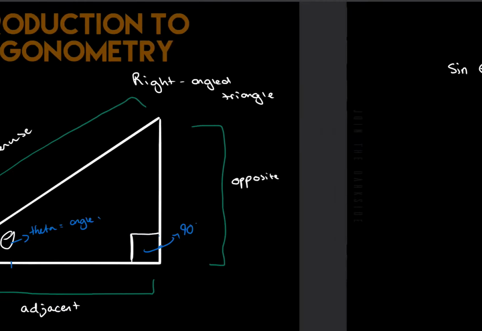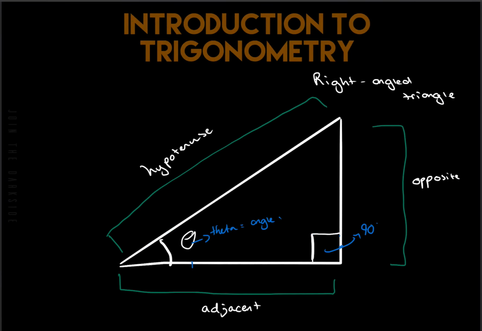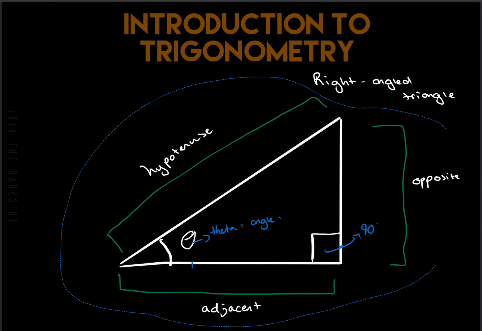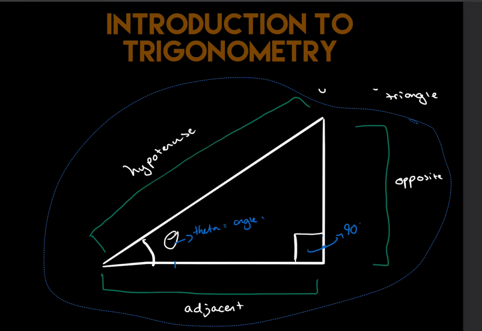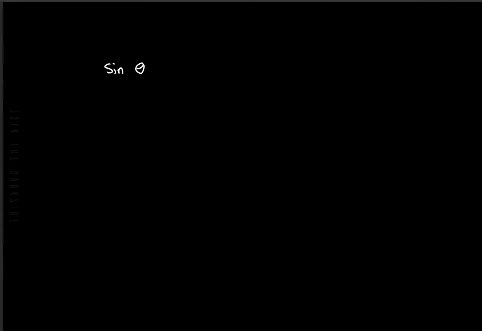If we look back here, we can see that we've got the opposite, adjacent, and hypotenuse. I'm going to copy this here for us to have.